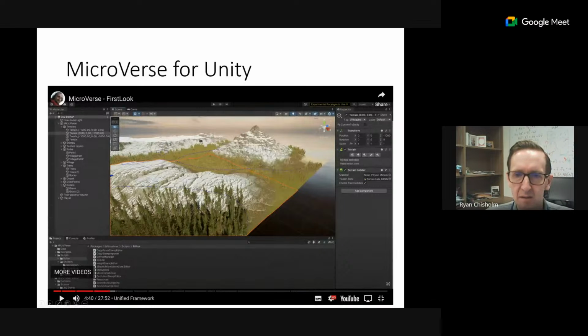This is a tool, Microverse for Unity. Here, the biodiversity is laid out using a combination of hand tools, so you can identify areas. They call them biomes, with these splines, and you say which species lives there.